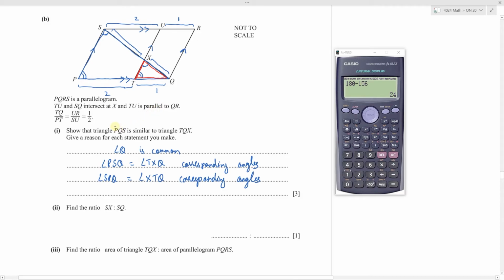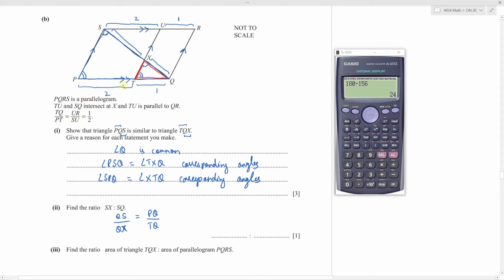If I look at these lengths, PQ and TQ, and the other side I am looking at, QS is the length of the larger triangle, and QX is the length of the smaller triangle. So QS, the corresponding side is QX. So the ratio QS over QX will be the same as the ratio PQ over TQ.